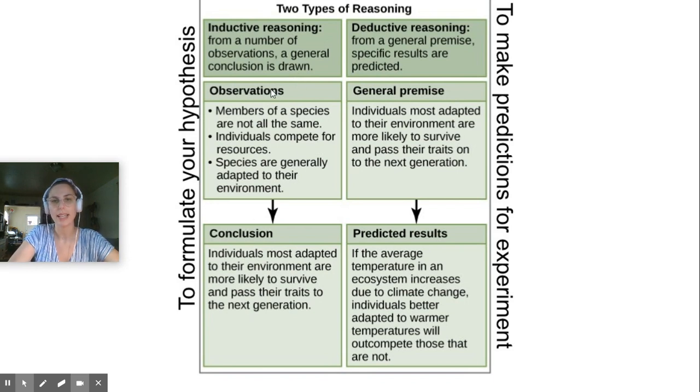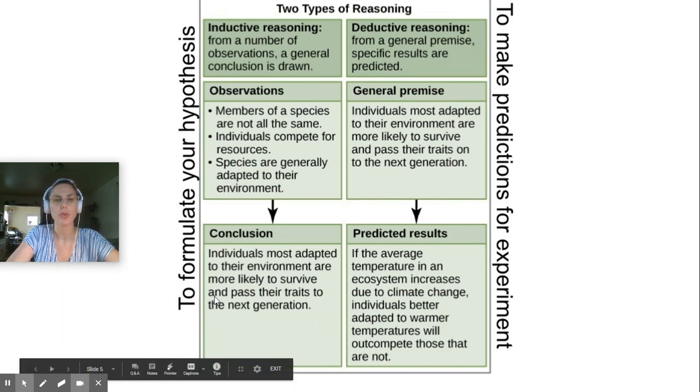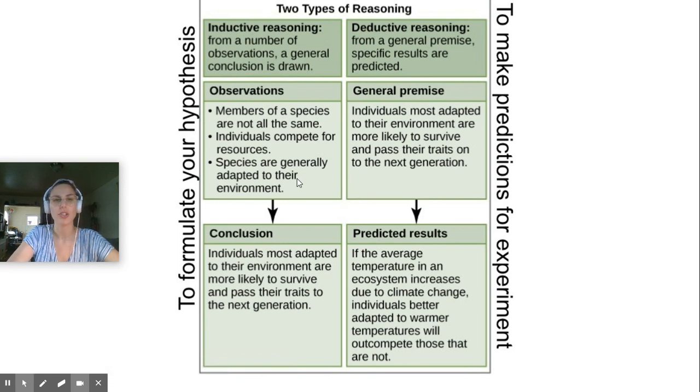So if we read this, members of a species are not all the same. We've observed this. We've observed individuals are competing for resources. We've observed that species are generally adapted to their environment, okay? Then we're able to draw some sort of a conclusion from this background research that we've garnered. All of these observations inform you as you formulate your hypothesis.